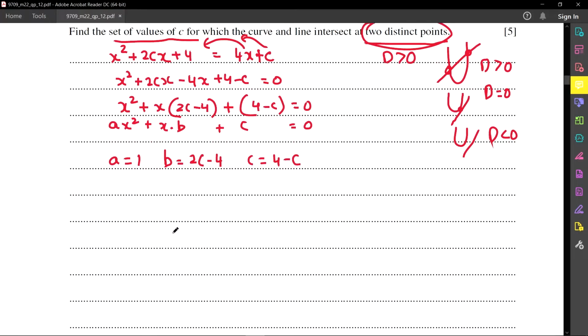So the discriminant condition D greater than 0, which is b squared minus 4ac greater than 0. So b is 2c minus 4, (2c minus 4) whole square minus 4 into 1 into (4 minus c) greater than 0.